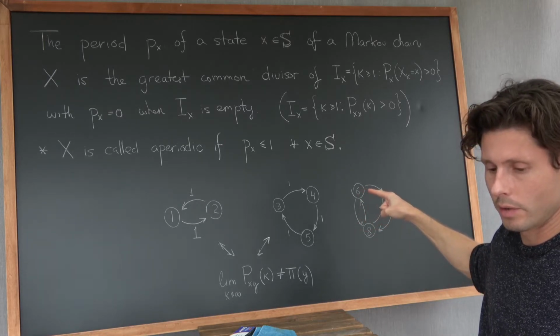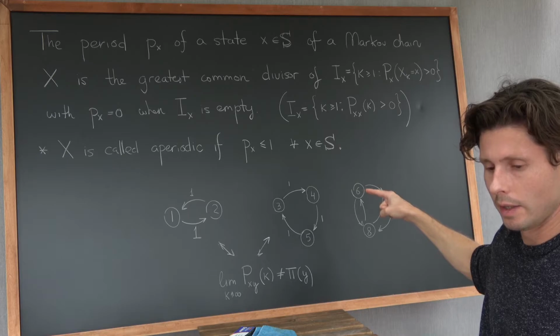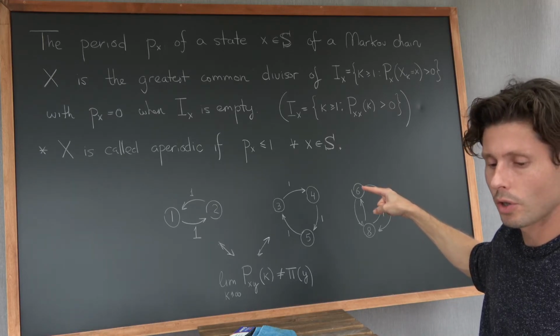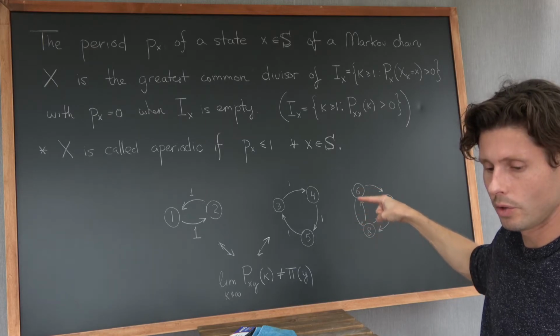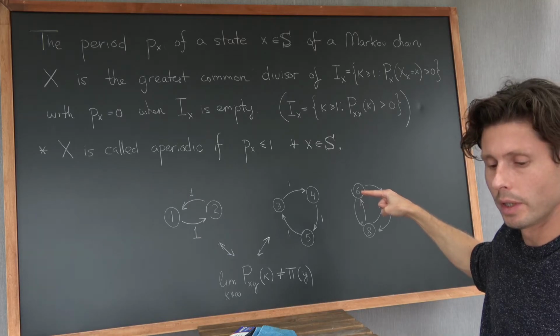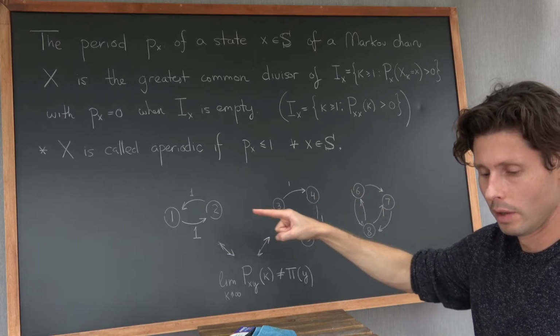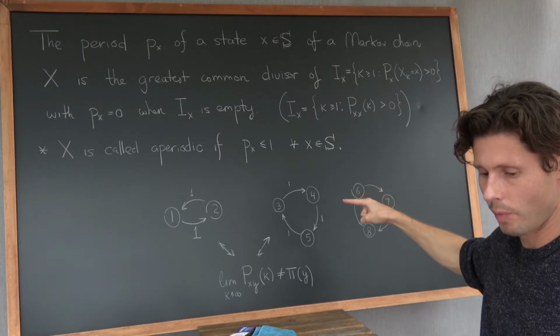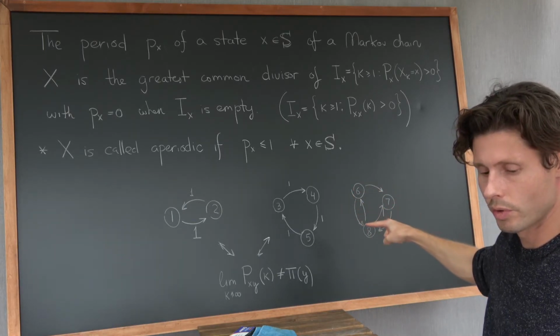So you can start with state 6, and let's list all return times that have positive probability. So 2 is one of them, right? 1, 2. And notice this didn't have to happen with probability 1 like it did over here. So potentially, or clearly, you have 2 transitions of positive probability, and so I just chose to take this one.